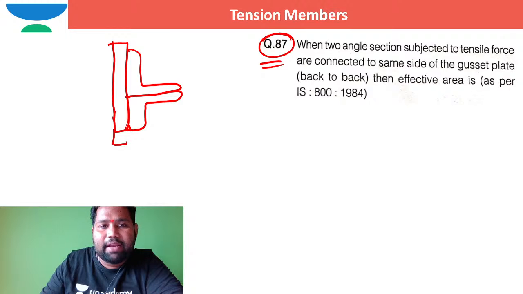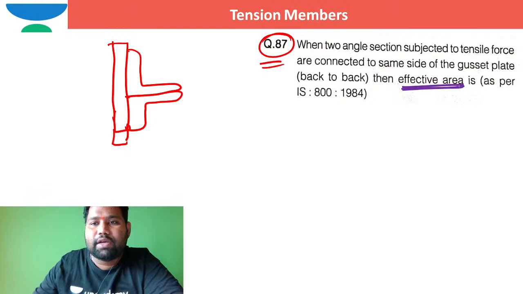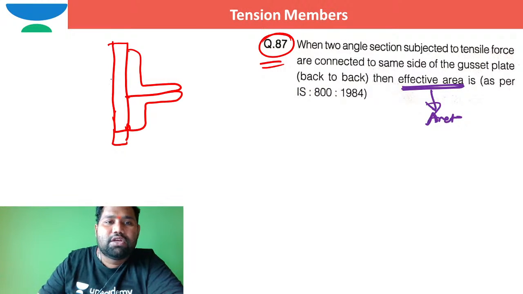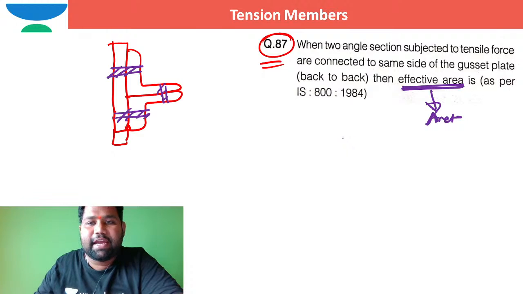In this case, what is the effective area? Effective area is nothing but net area, A net. How do you work out the net area? A net is equal to A1 plus K times A2.